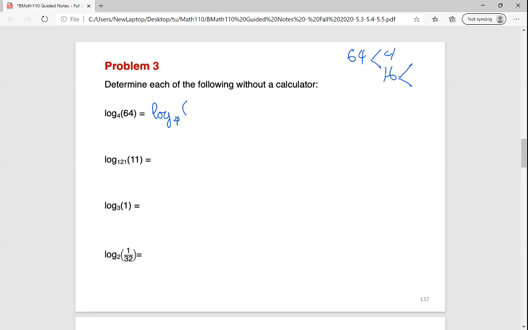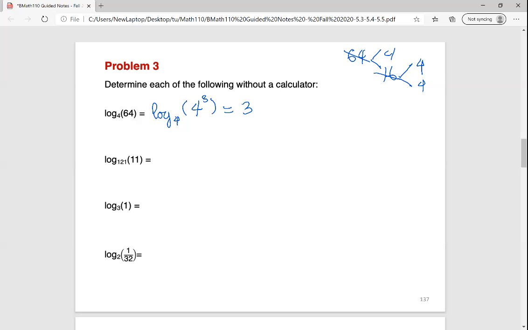And 16 becomes 4 and 4. So that means this could be 4 to the power third, right? Now you can easily cancel the log base 4 with the base 4 of the argument here, and the answer should be just the exponent of the argument, which is 3.